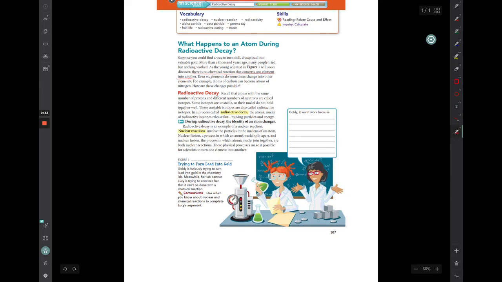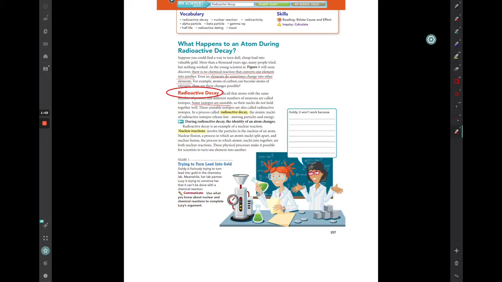However, elements do sometimes change into other elements on their own. For example, we'll look in a second that atoms of carbon can become atoms of nitrogen, and they do that because of radioactive decay. What that means is that some isotopes are unstable. And remember, we talked about isotopes. Those are atoms that have the same number of protons but different numbers of neutrons.